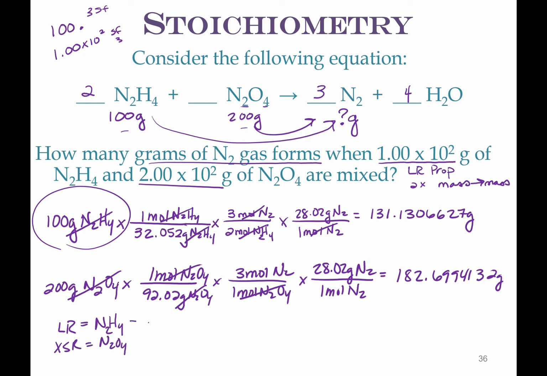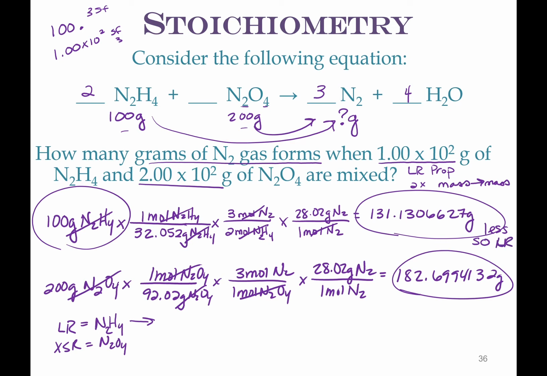If this is limiting, how did I know it was limiting? Because 131 is less, so it's limiting. This is our excess reactant. So that means the amount that could be formed would be, to the proper number of significant figures, 131 grams of nitrogen.